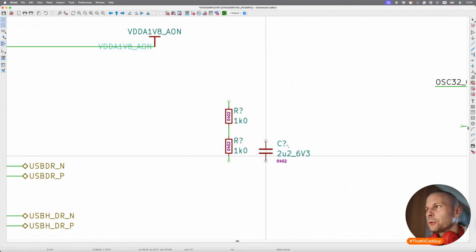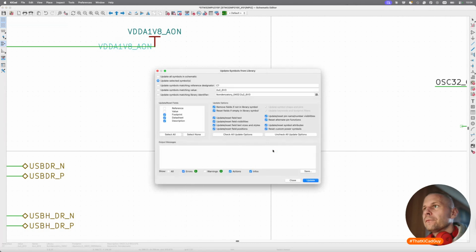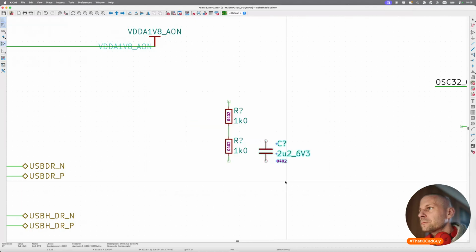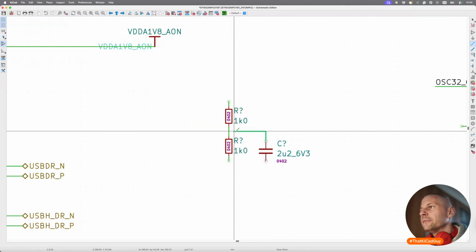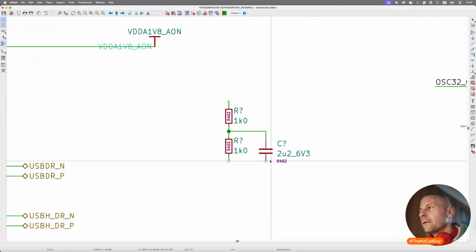So you have to choose that. Not selected symbols, it doesn't work. Update symbols matching identifier, because then there are all attributes. Okay, then it works. Here.